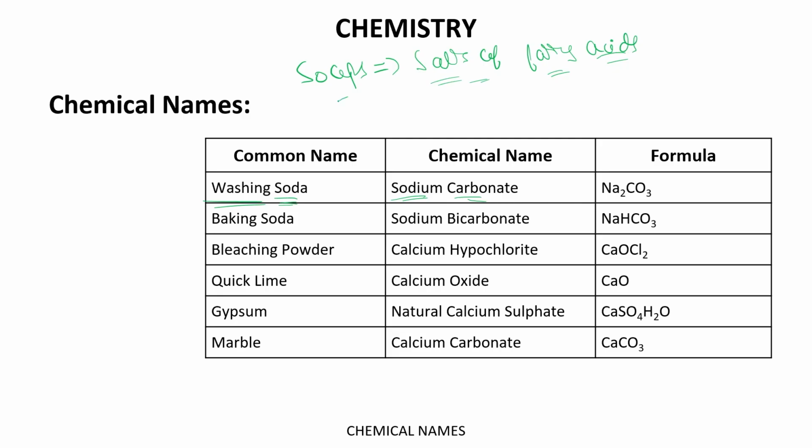So first we are talking about the washing soda. Washing soda has the chemical name sodium carbonate and its formula is Na2CO3.